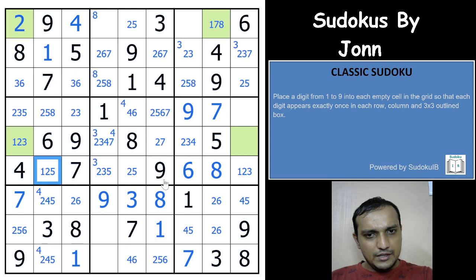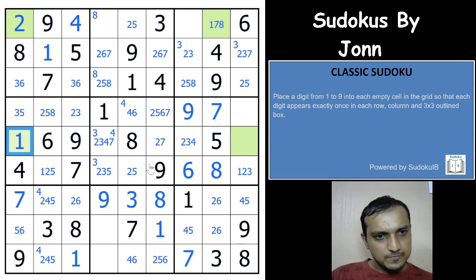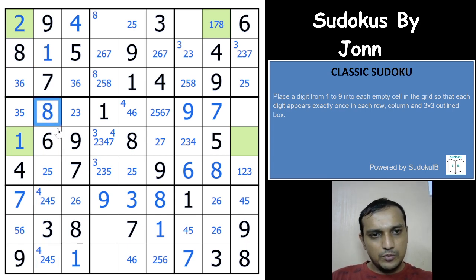This cannot be an 8. This cannot be a 2. 3, 5 and 6. So this would have to be a 1. Cannot be a 1. 2, 4 and 5. So this cell would have to be an 8.